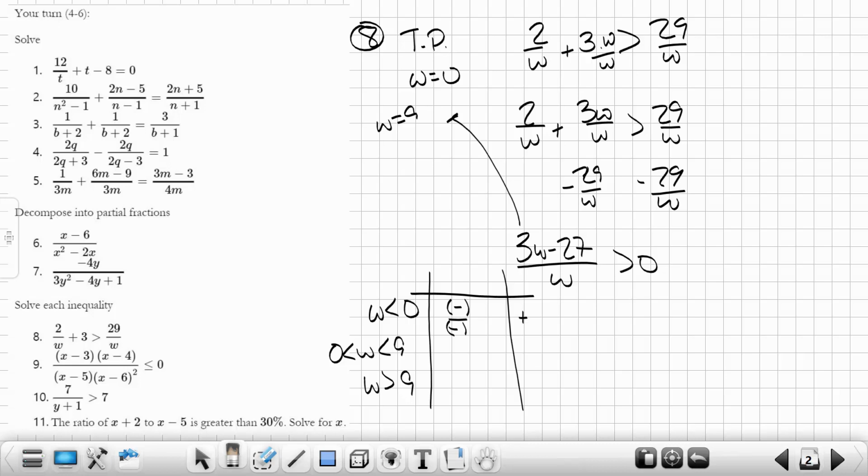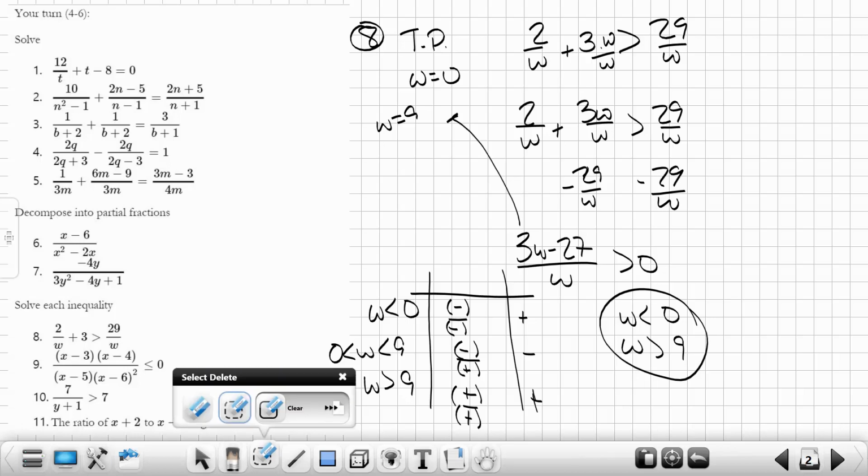Between 0 and 9, I'm going to get a negative over a positive, which is negative. That's not going to work. For w greater than 9, I'm going to get a positive over a positive, which is positive, and that does work. So my solutions are w is less than 0 and w is greater than 9, because that's what works.